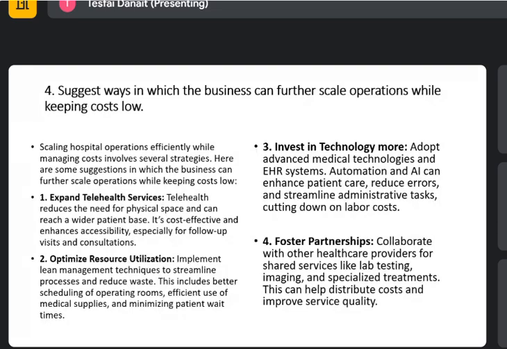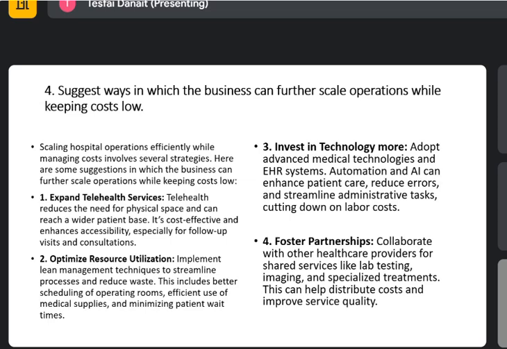So one is to expand telehealth service. The advantage of telehealth service is that it reduces the need for physical space. Space is one of the resources in any company, and it costs you. You need space for putting your files, your papers at least.